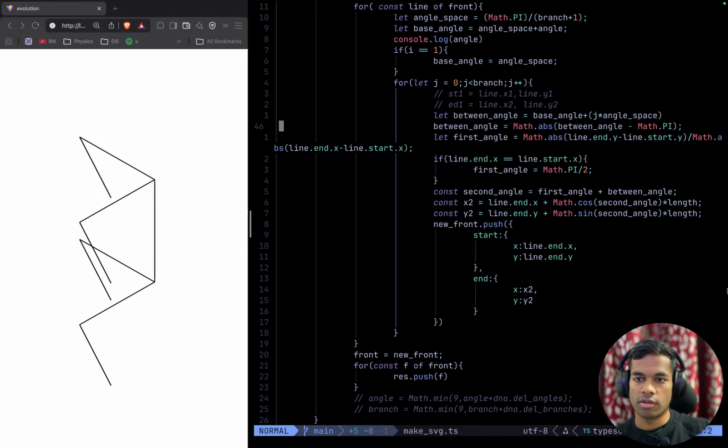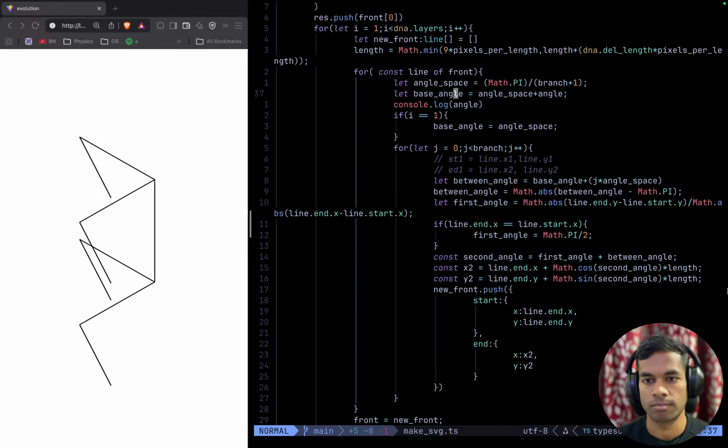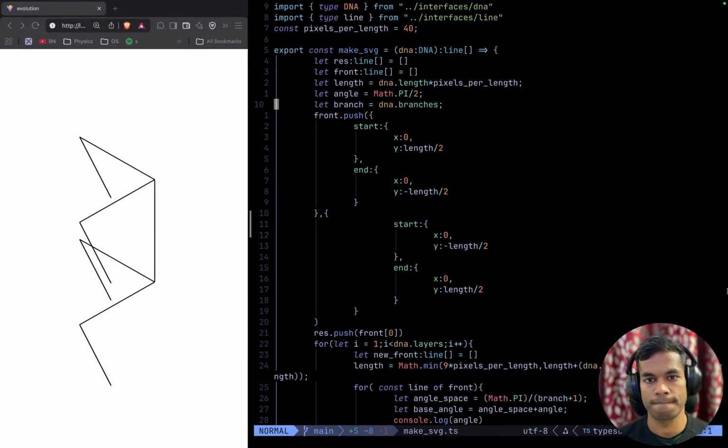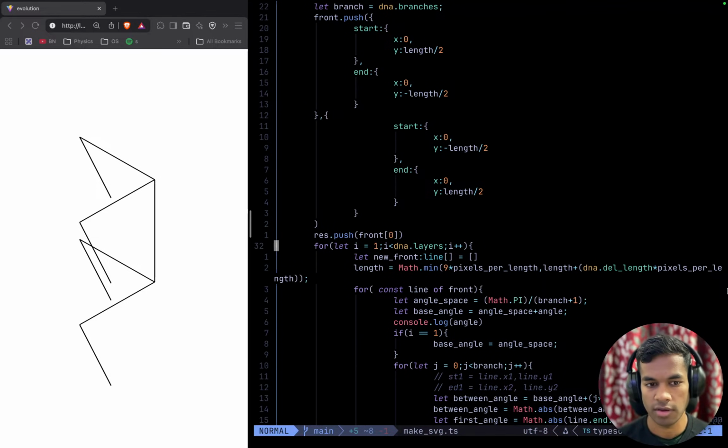Let angle between equal minus pi. Math dot pi is correct. J into angle space. Yes, everything seems correct. DNA dot branches. Yes, everything seems correct, but it is just not working.